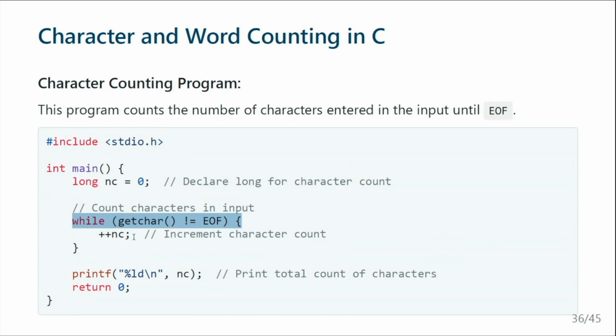We will talk about the difference between them a little bit later, but for now we just go with this one. Plus plus means you add 1 to this value, nc. So every time you run it, the number will increment by 1, and we use this as a counter. Once we get out of this loop, we have the exact number of characters in this variable, and now we just print it out. %ld is for printing a long integer in our case.